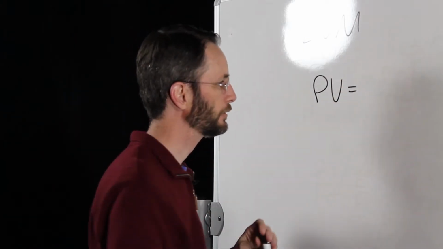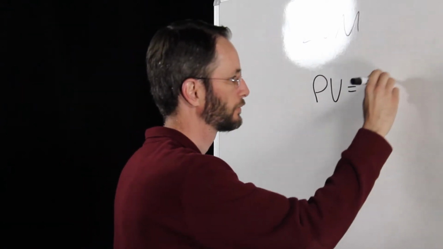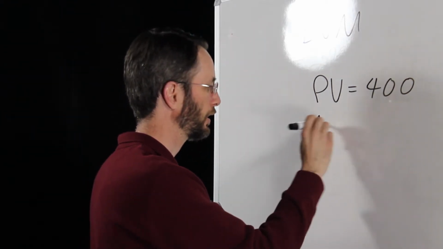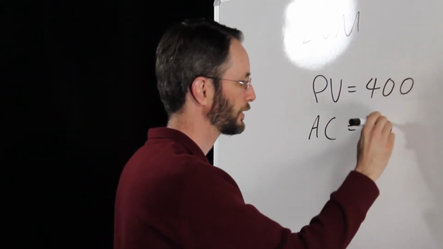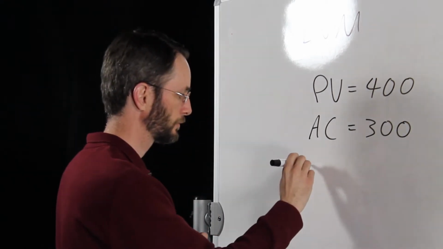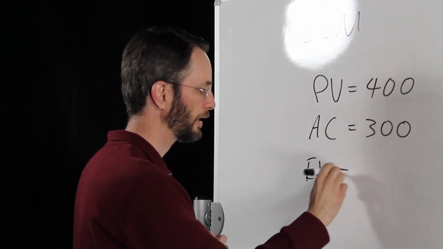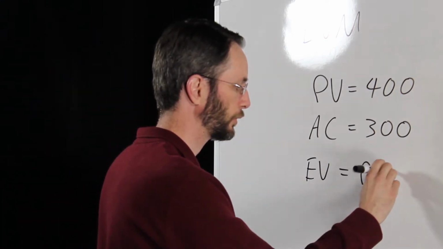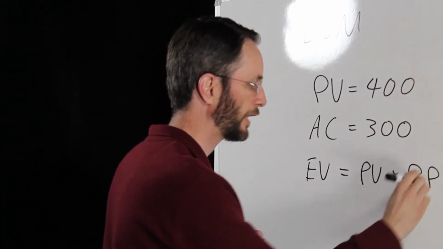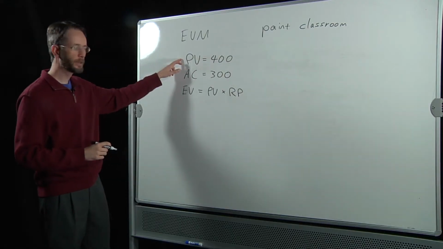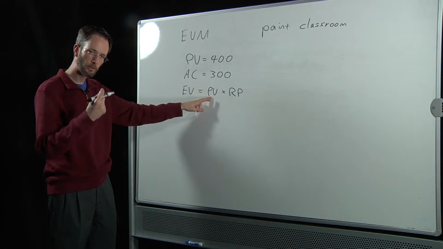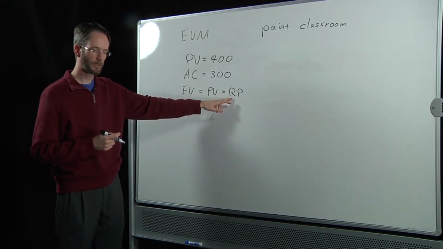Our planned value was 400 from our illustration. Our actual cost is 300. Our earned value was planned value multiplied by rate of performance.